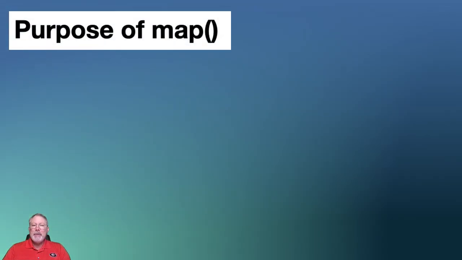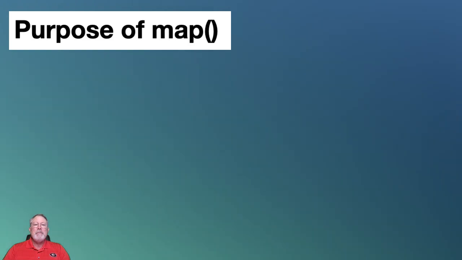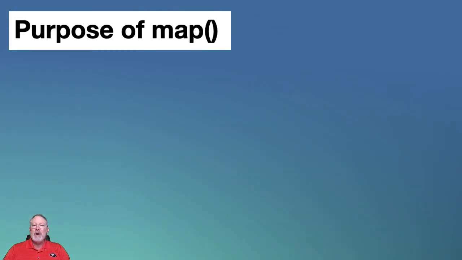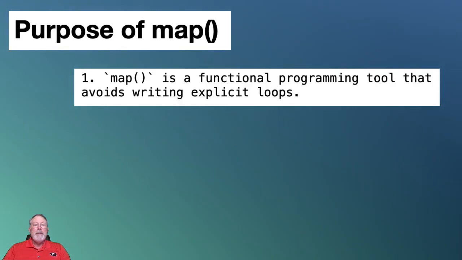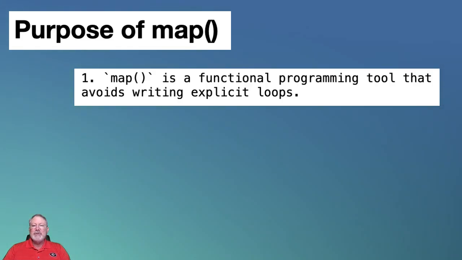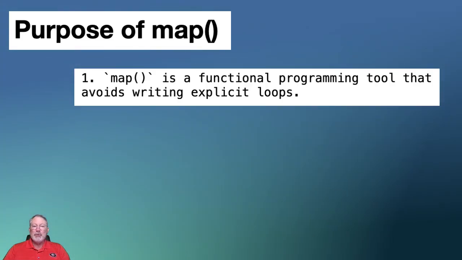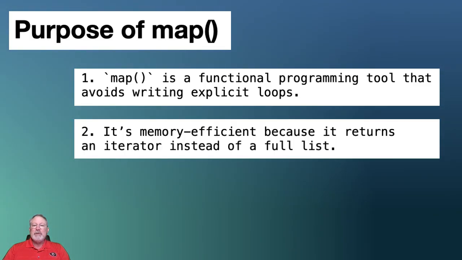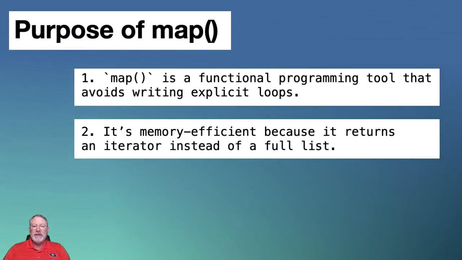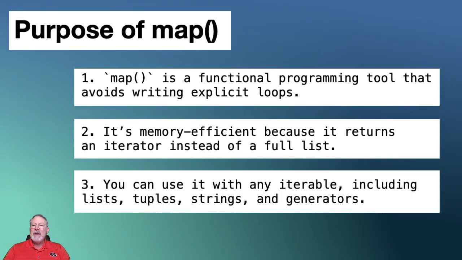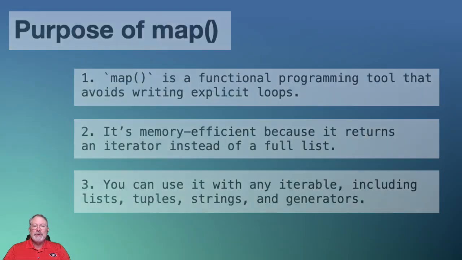Why use map? It's designed to simplify data transformation by applying a function across a sequence. Key concepts include: the map function is a functional programming tool that avoids writing explicit loops. It's memory efficient because it returns an iterator instead of a full list. And you can use it with any iterable, including lists, tuples, strings, and generators.